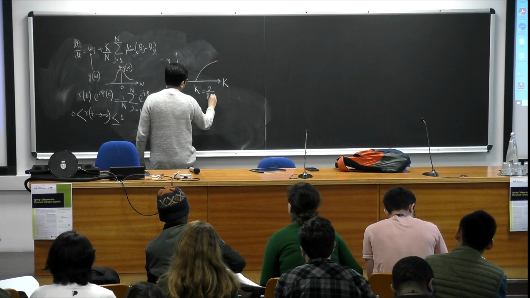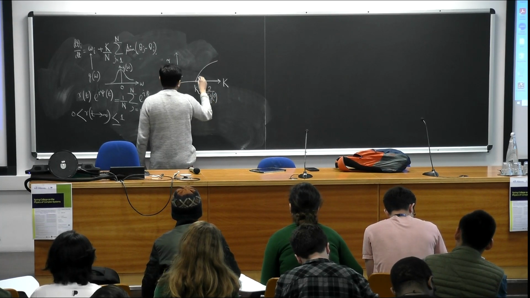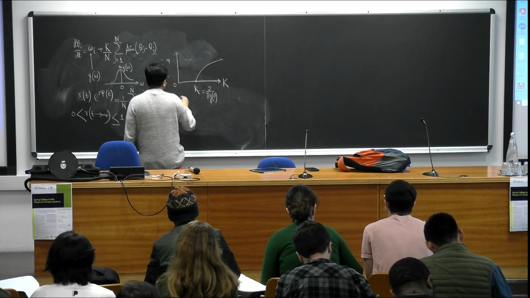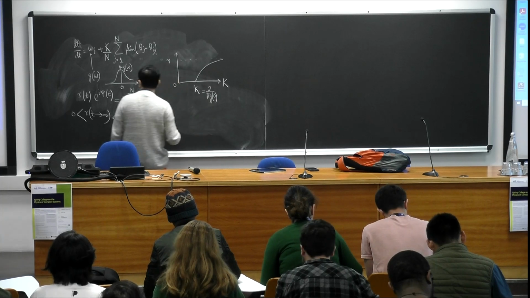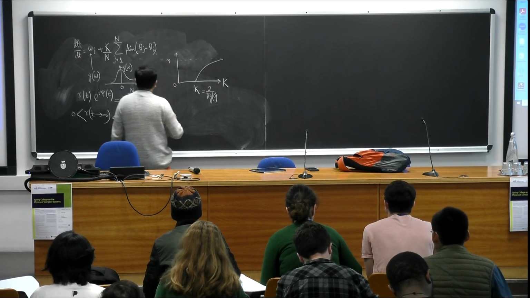We found an exact formula for this critical coupling, which was 2 by pi g0. When K is smaller than Kc, it doesn't synchronize, and when K is larger than Kc, it does synchronize.